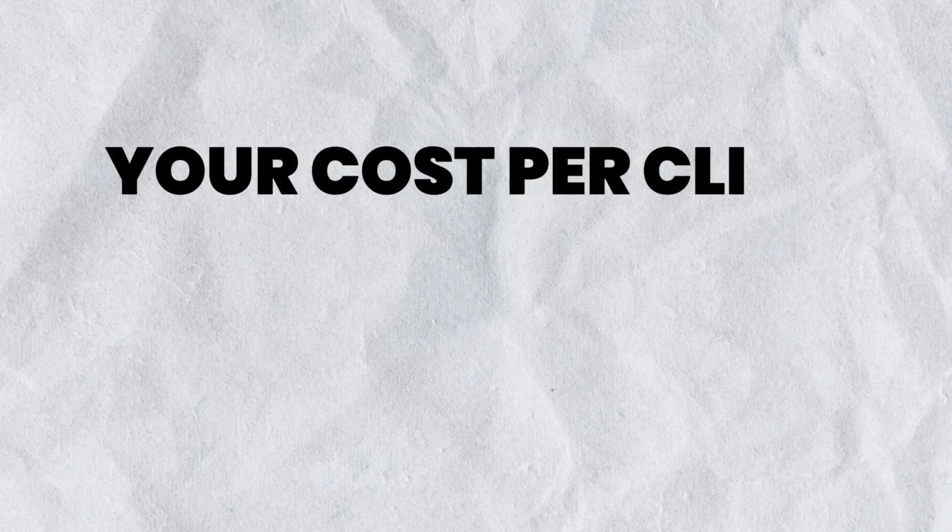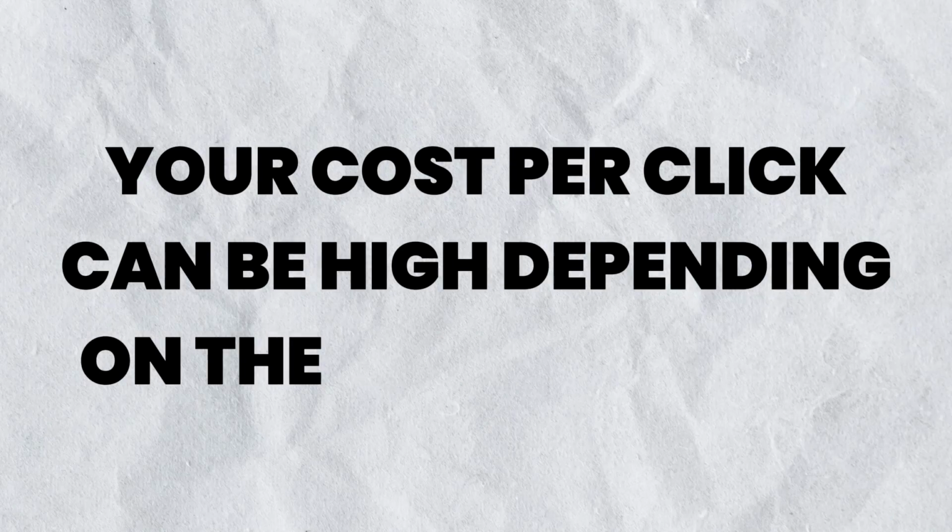Now, the first thing you need to understand is that your cost per click can be high depending on the ad objectives. Let me explain that. There are some ad objectives that naturally have a higher cost per click. Why do they have a higher cost per click? Because they deliver a better result, or because when you use these objectives, you're asking the audience to do much more.